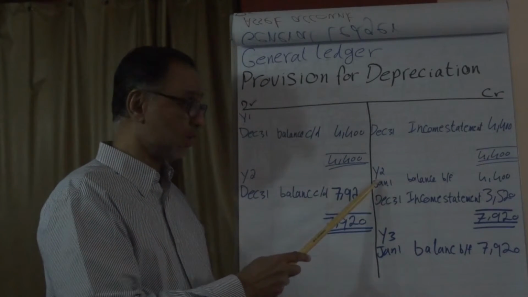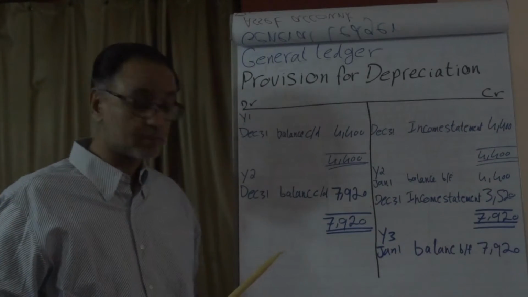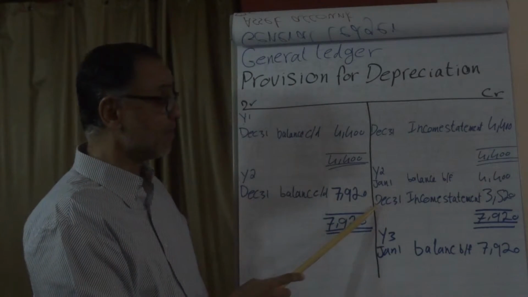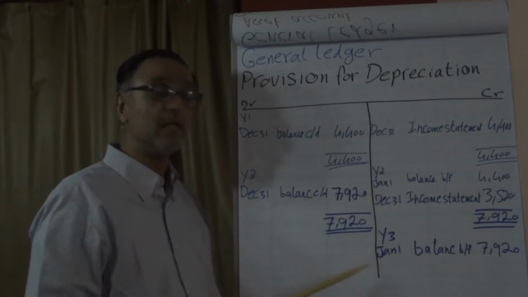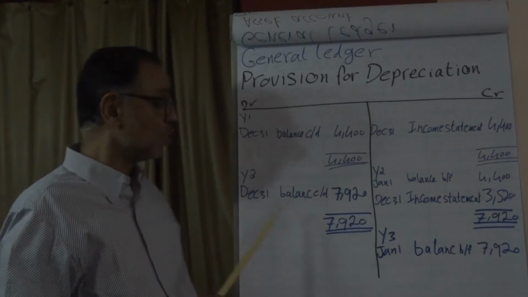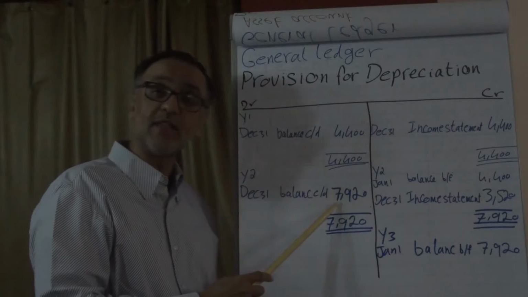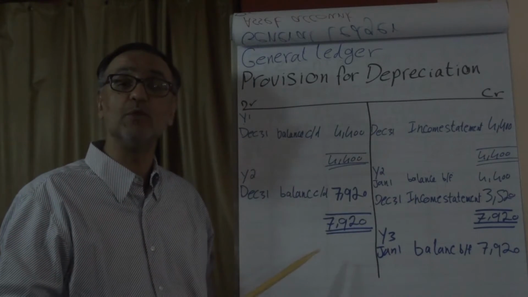In year 2, we start on January 1st with the balance coming from year 1, 4,400. Then on December 31st, we recorded another entry, 3,520, coming from the income statement. The total is 7,920, so our balance carried forward is 7,920. This is how we accumulate depreciation.